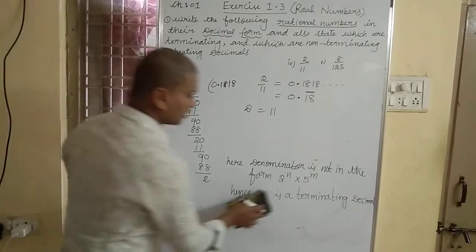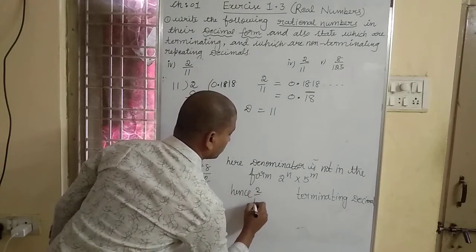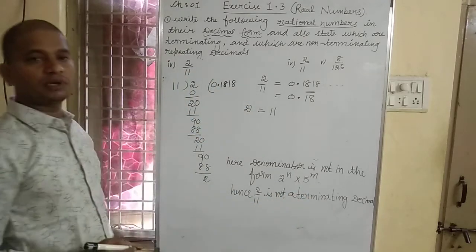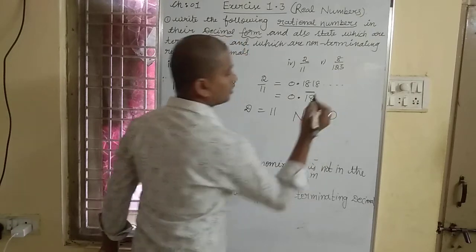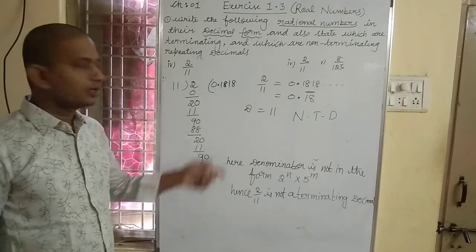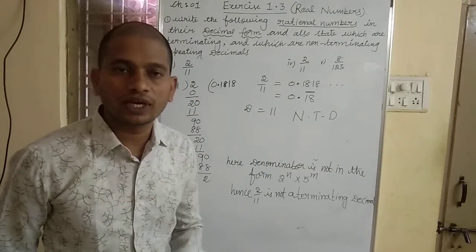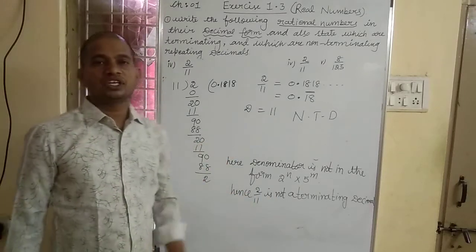Hence 2 by 11 is not a terminating decimal, it is a non-terminating decimal. Why is it a non-terminating decimal? Because the denominator is not in the form of 2 power n into 5 power m. That's why it is a non-terminating decimal.